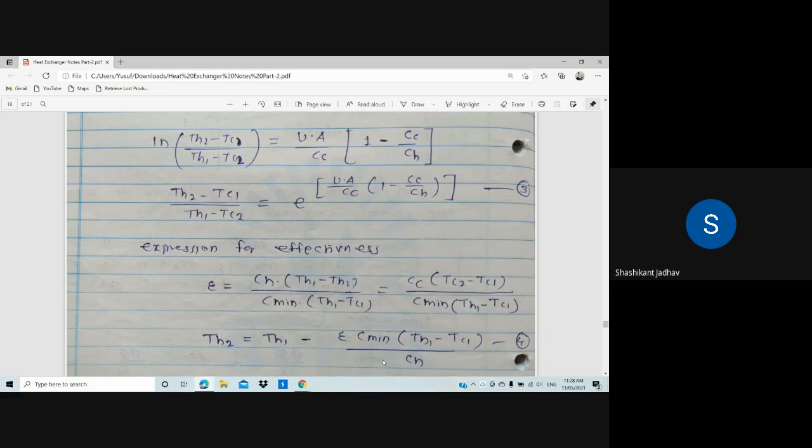Okay. And similarly, from epsilon is equal to Cc into bracket Tc2 minus Tc1 divided by C minimum into bracket Th1 minus Tc1, from that equation we write down Tc2. Tc2 is equal to Tc1 plus epsilon into C minimum into bracket Th1 minus Tc1 divided by Cc. That is the equation number 5.